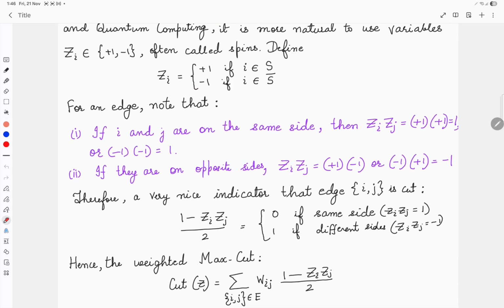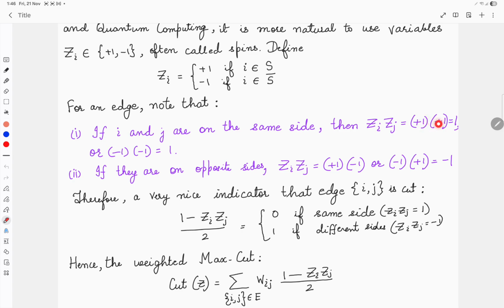Now for an edge, note that if i and j are on the same side, that means the two vertices of the MaxCut problem are from the same group, then both the vertices will have spins +1, or both will have spins -1.